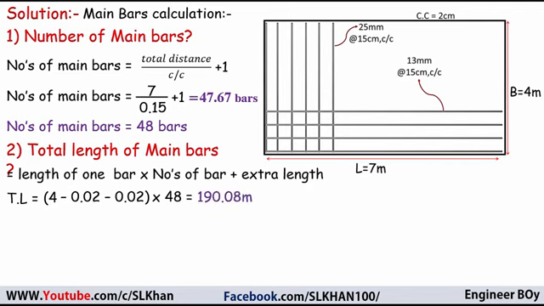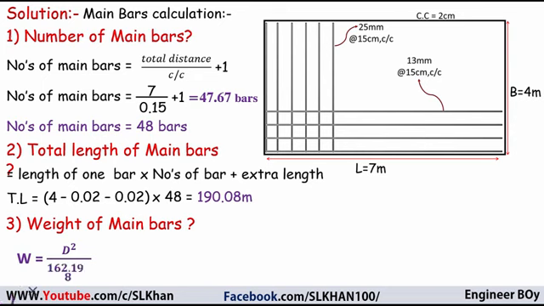So the total length can of course now be 190.08 meters, and then we're going to calculate the weight of the main bars, and for this approach of course we can use the same formula, d square by 162.198 times L. All right, so W equals d square. D here is the diameter of the bar, which is 25 mm for the main bars.